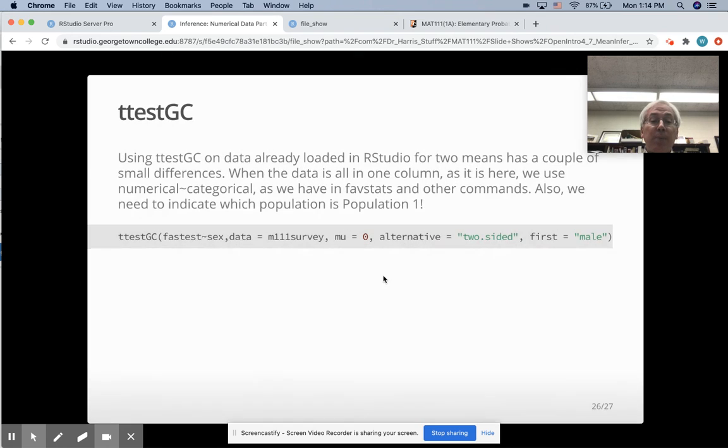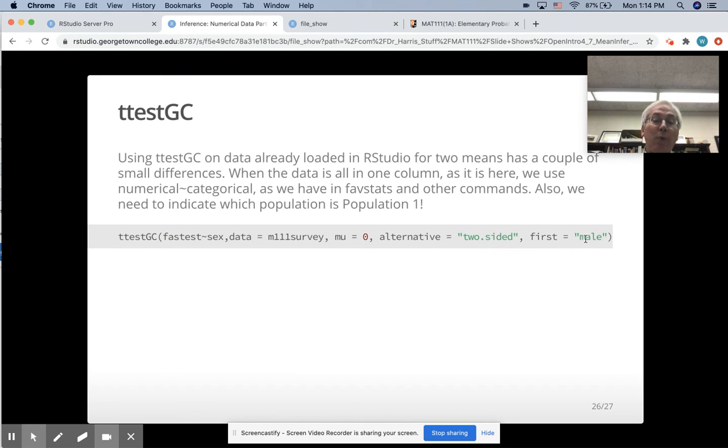Just for comparison purposes, though, we can run t-test GC. Notice that since the data is preloaded, we don't have to enter the output of favstats here. We can just say it's going to be based on the variable fastest broken down by sex. Here's our data source, our null value, and we tell it that it's a two-sided alternative.